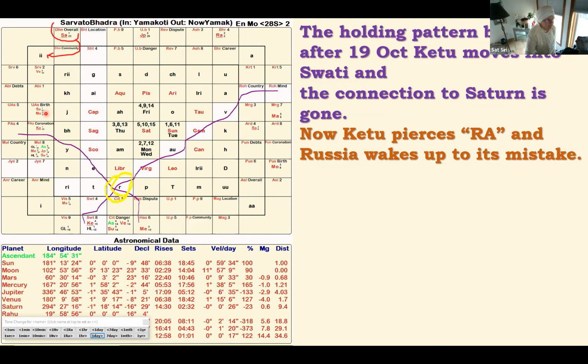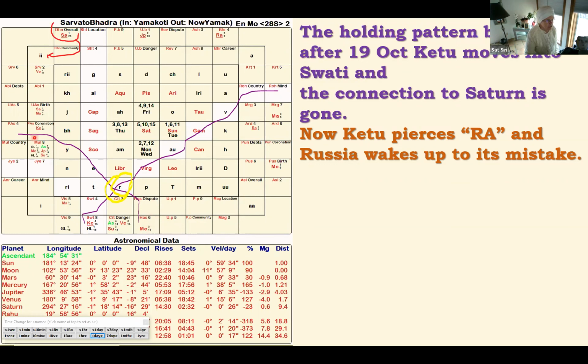So that's something very important that's already starting now because events cast their shadows ahead of time. And so even though technically it doesn't happen until 19th of October, we can already feel the energy beginning to shift.